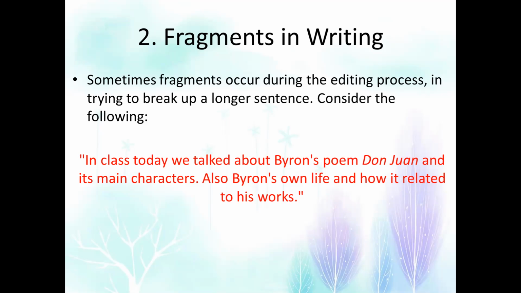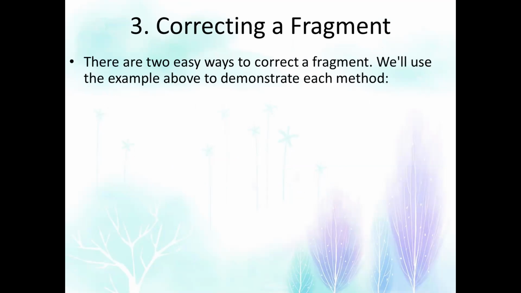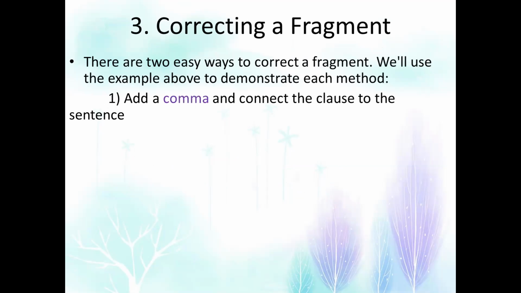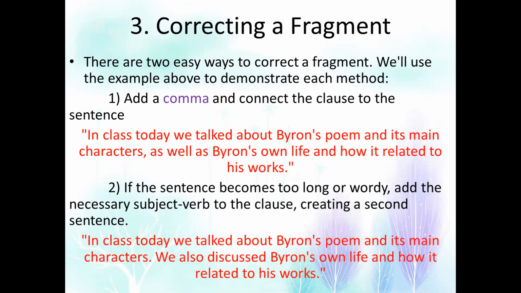Yeah, that is correct. Moving on, we will study how to correct a fragment. There are two easy ways to correct a fragment. We'll use the example above to demonstrate each method. First, add a comma and connect the clause to the sentence.